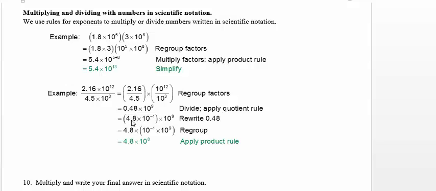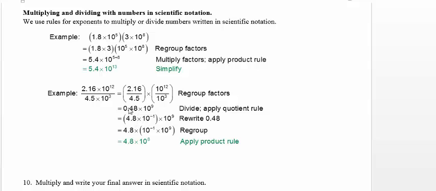So 2.16 divided by 4.5 is 0.48. 10 to the 12th divided by 10 to the 3rd is 10 to the 12 minus 3, which is 10 to the 9th. So I've applied the quotient rule of exponents.